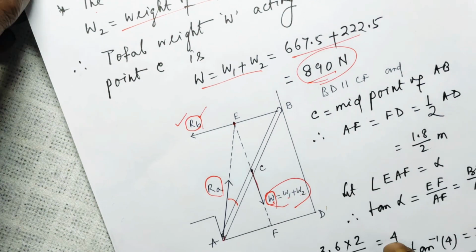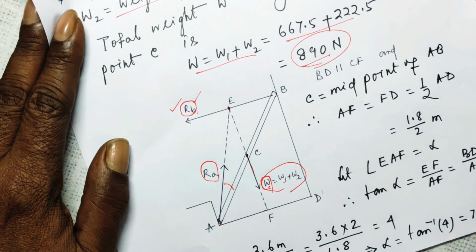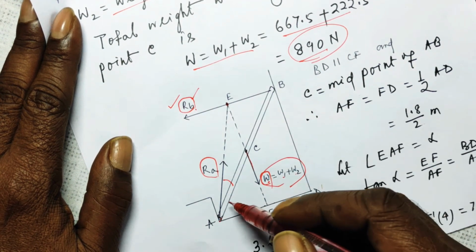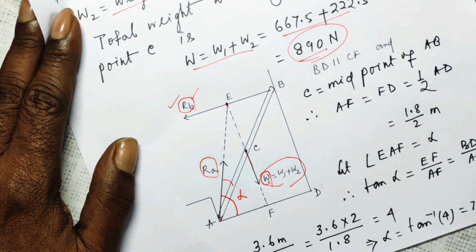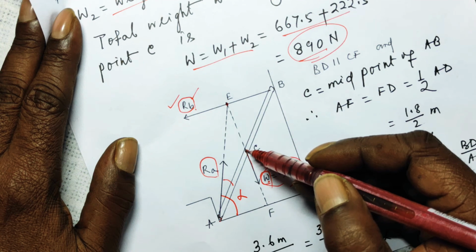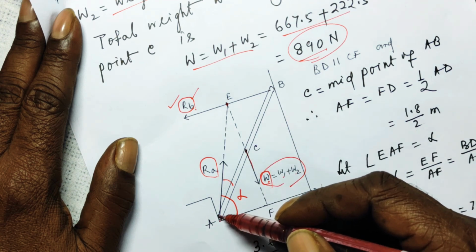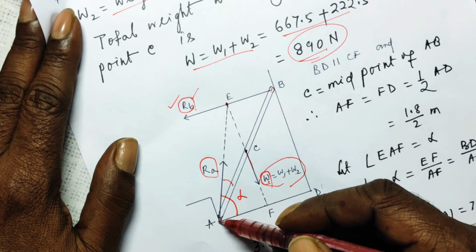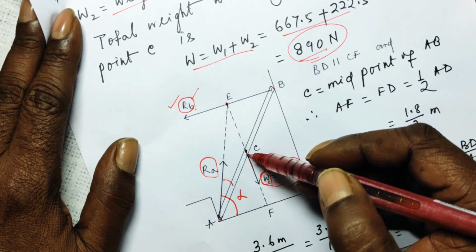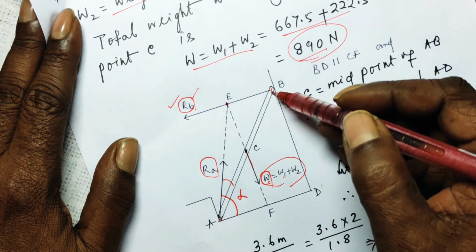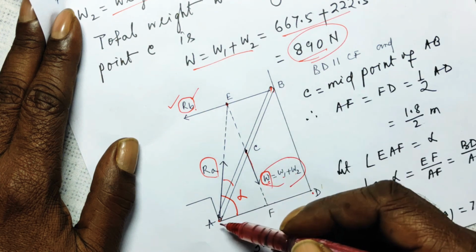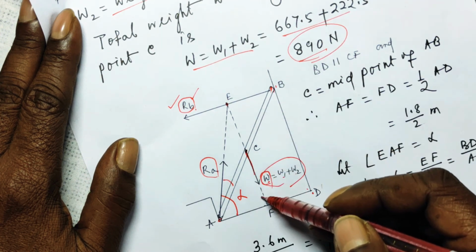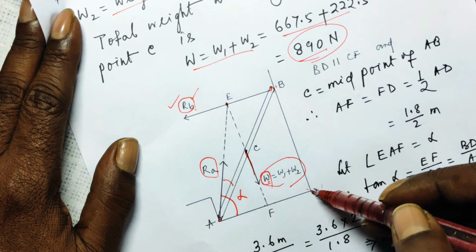So now, the question is, let this angle be alpha. Now look, since C is the midpoint of the side AB of the triangle ABD, this is a line parallel to the side BD.